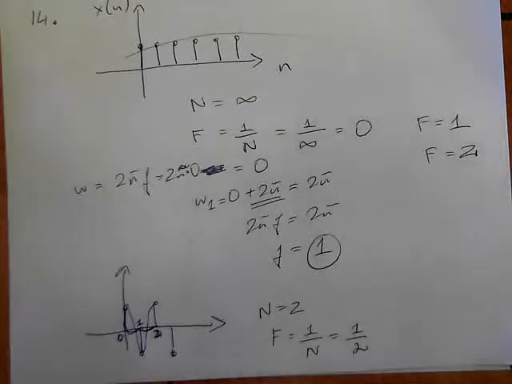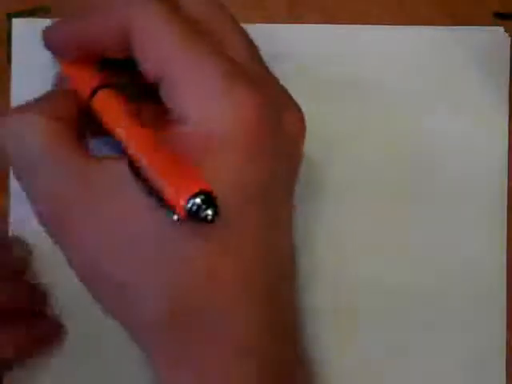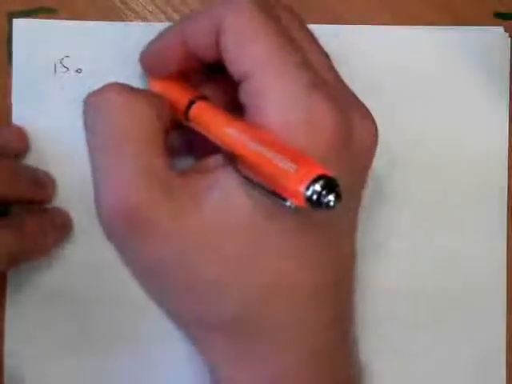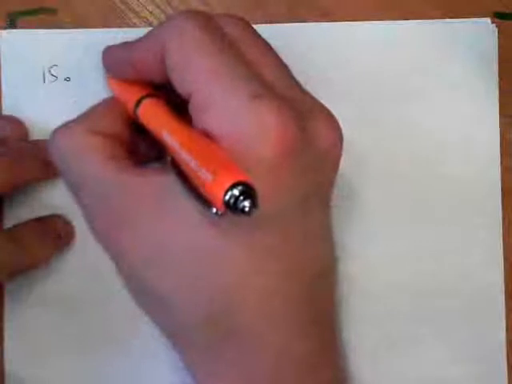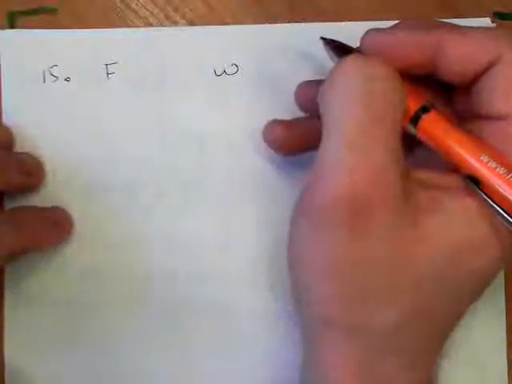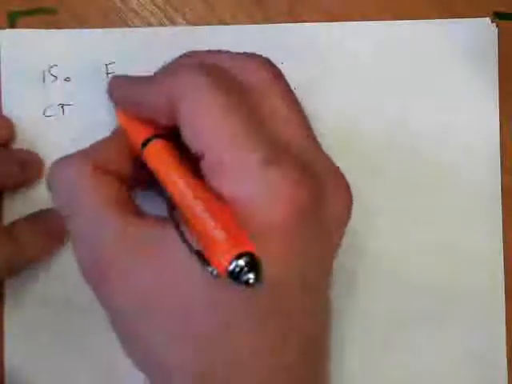Now number 15. What are the units of frequency, and angular frequency? So frequency f and angular frequency omega. In continuous time, what is the frequency?